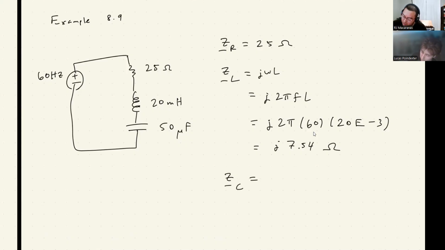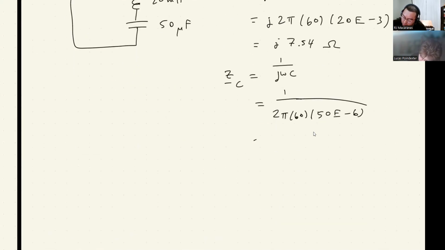And lastly, our capacitor is given by 1 over j omega C, 1 over 2 pi times 60 times 50 e to the minus 6. And so they calculated that out to be minus j 53.05 ohms.